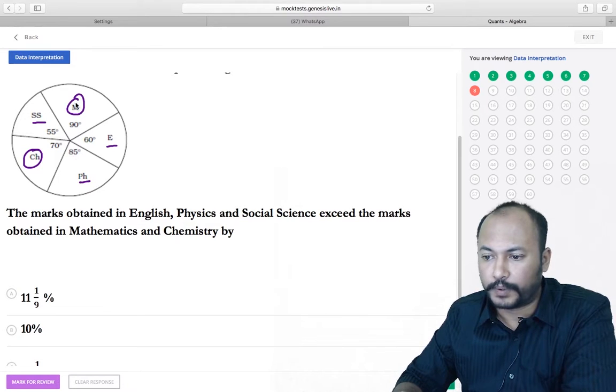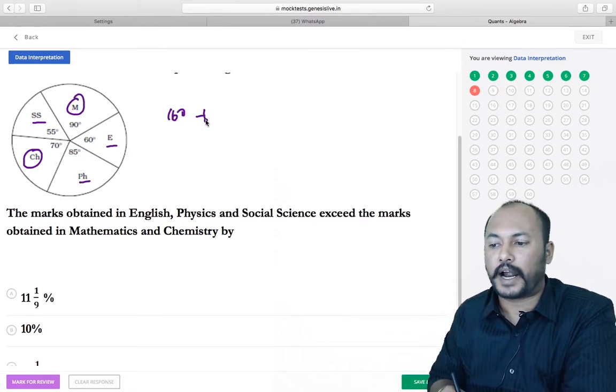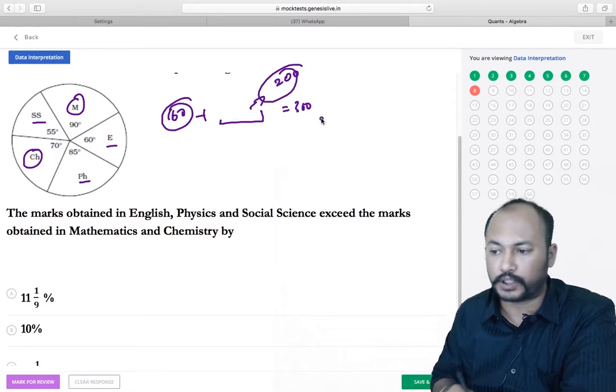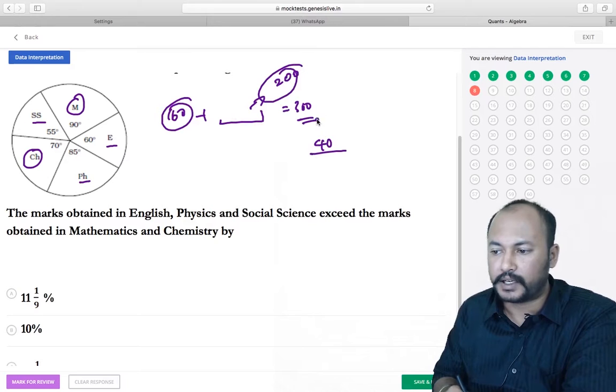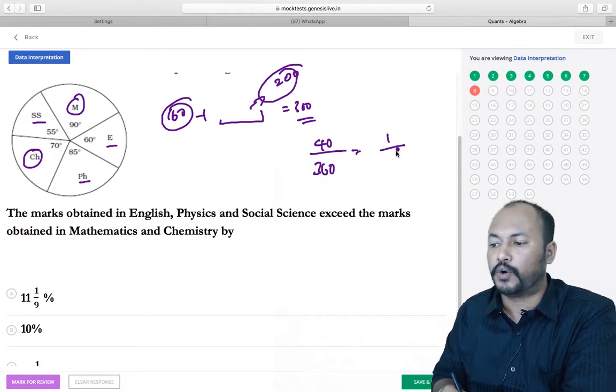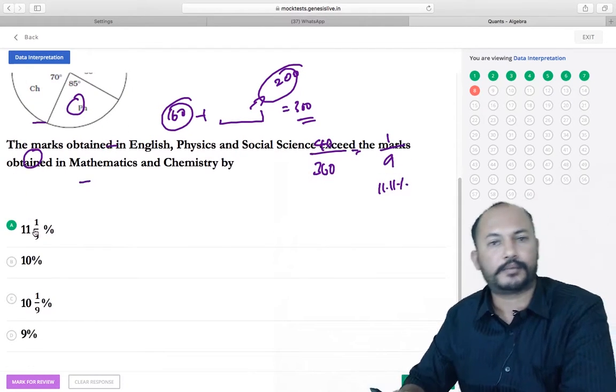Observe, I'll go with maths and chemistry. 90 plus 70 is 160. So the remaining has to add up so it becomes 360. So the remaining has to be how much? 200. Okay, this minus this is what we're talking about. That is 40. 40 divided by 360 is how much? 1 by 9, right? 1 by 9 is 11.11%. Option has to be 1 by 9%.